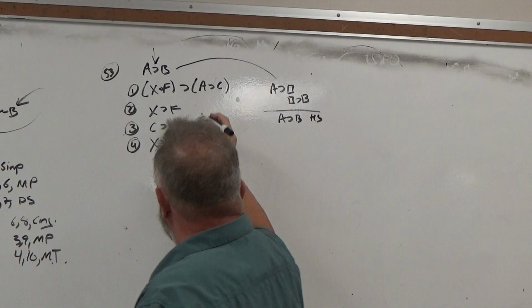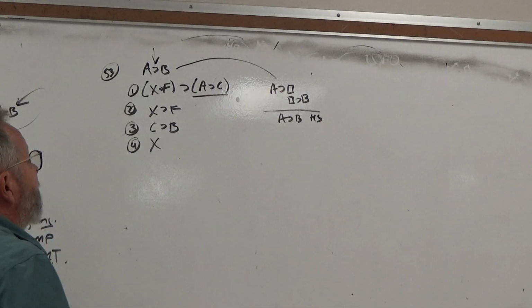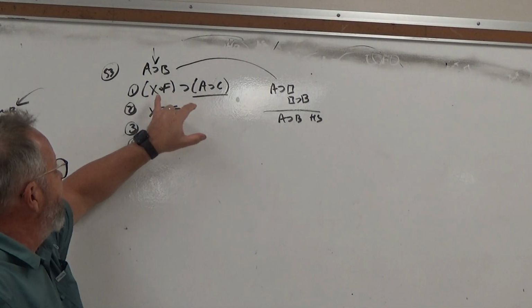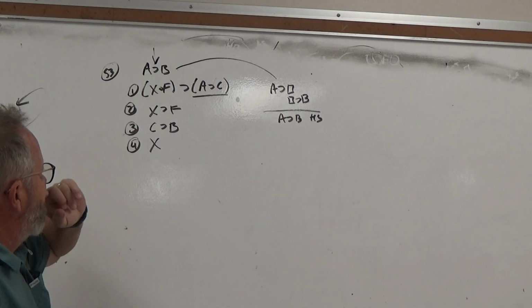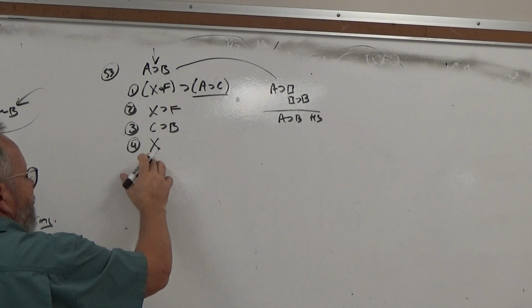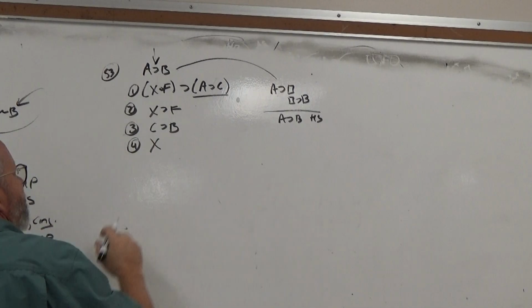A then blank. There's an A then blank, okay? It's in a conditional itself, so in order to get this, I need X and F, okay? I have an X right here, so if I could get an F, I could put them together and then do a modus ponens.